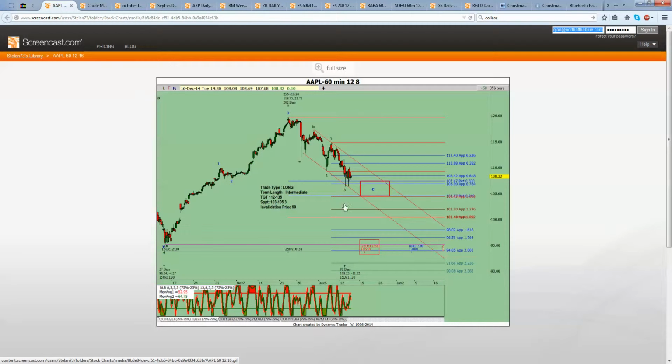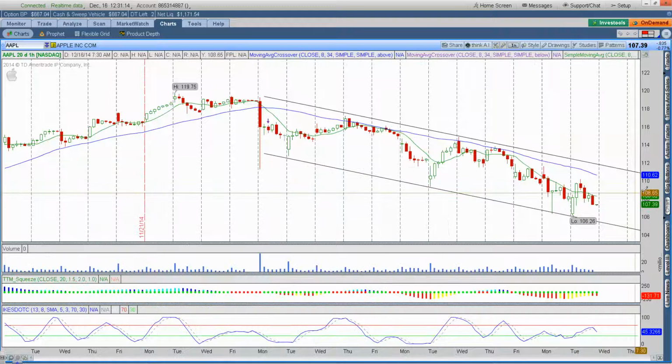Really for me, if I went long at 103 and it dropped to 100, I would still be out. But anyways, that's what we're going to be looking at for this long trade.